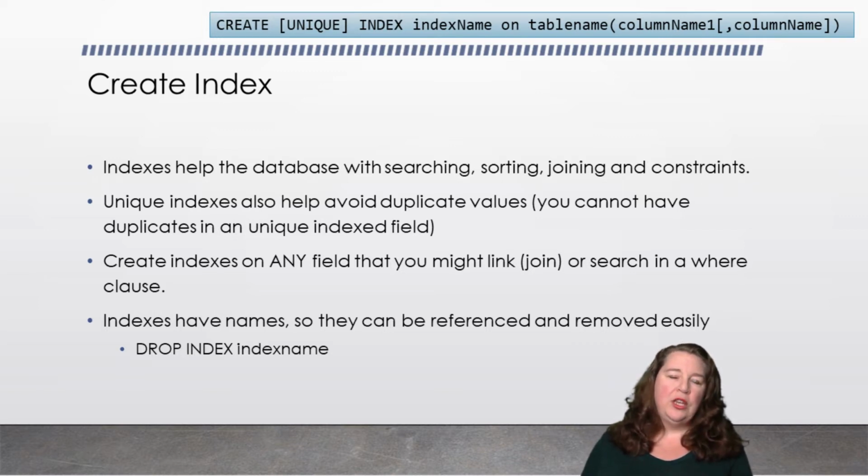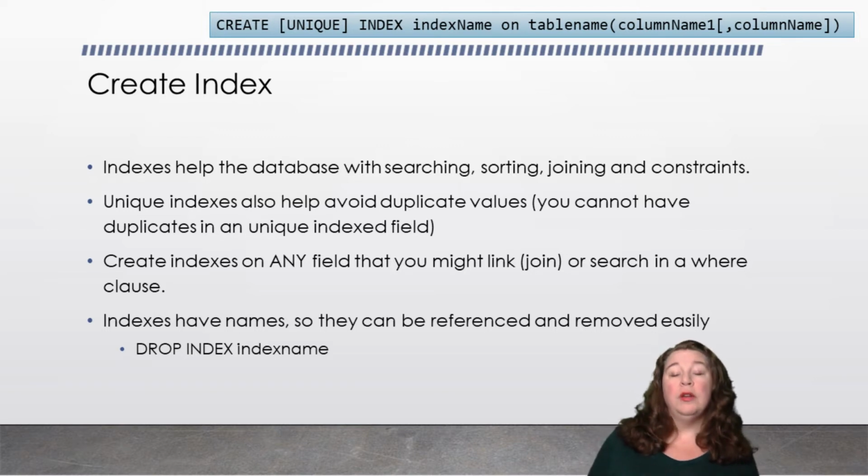So in this case, we can create an index on the table name with columns, at least one of them. So we can say that there's an index on this column, or you can have multiple columns on column 1, column 2, column 3, and there has to be a comma between them. This notation is pretty similar across most documentation you'll find as far as SQL statements. So you should be able to see this in the book, and you'll see it when you go search online, these little brackets to say this is optional versus this is required.